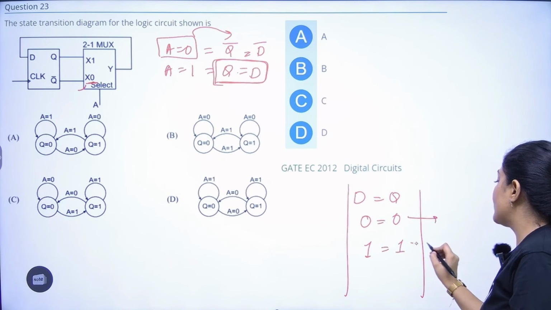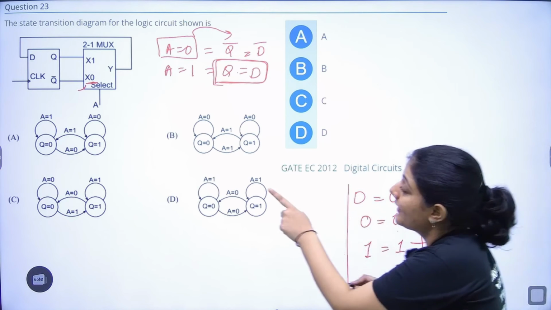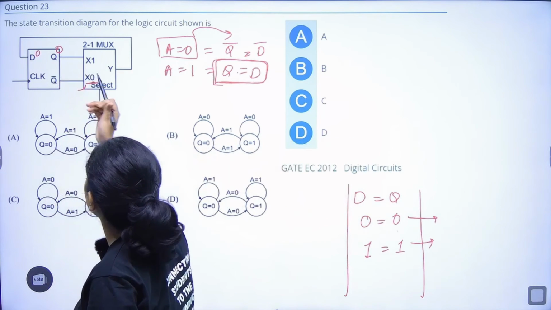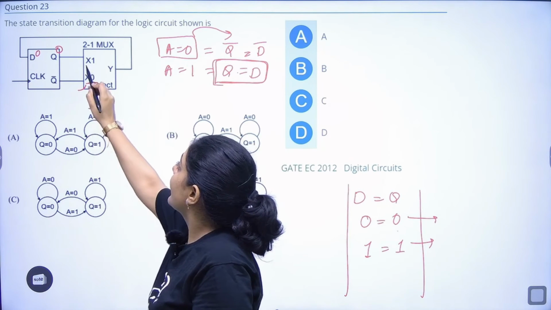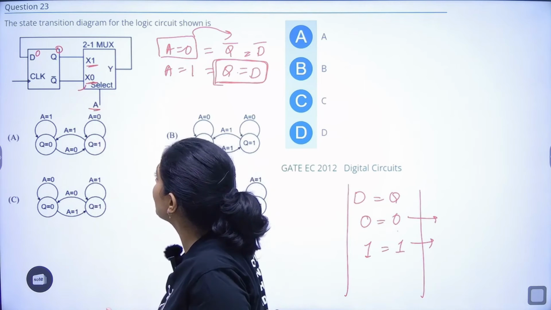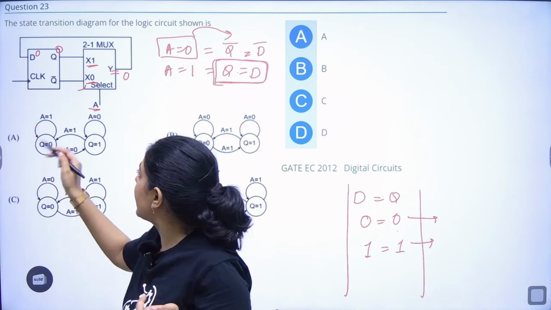If D is equal to 0 and Q is 0, and A is 1, the output will be equal to 0. It remains in the same state, right?